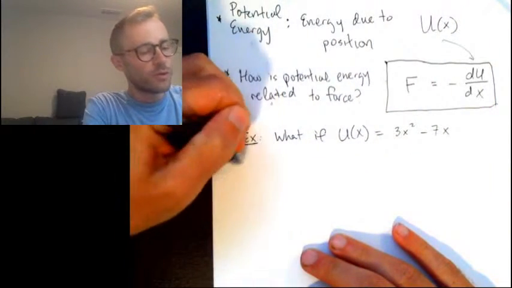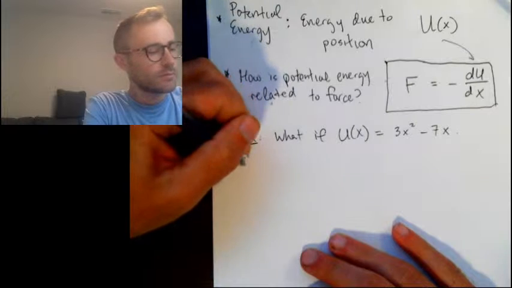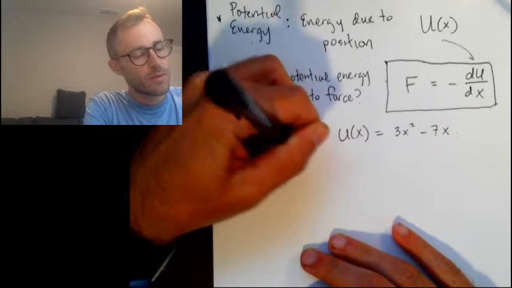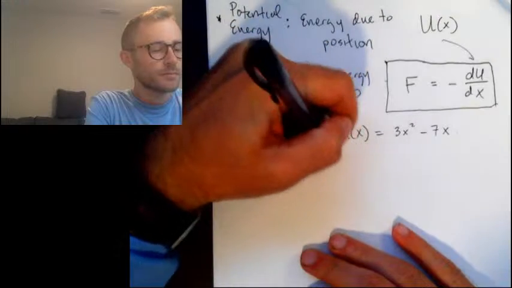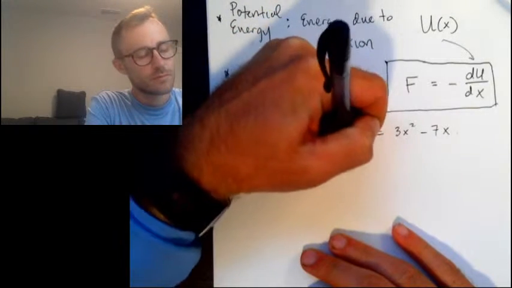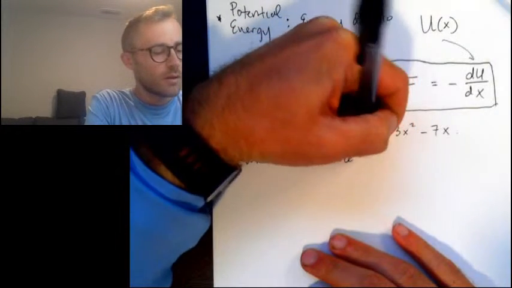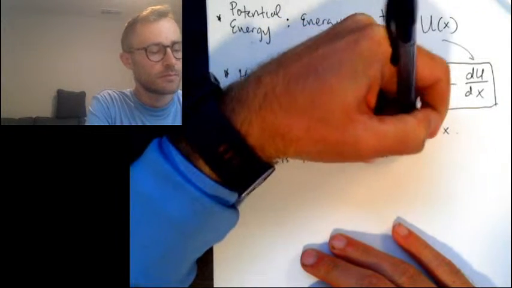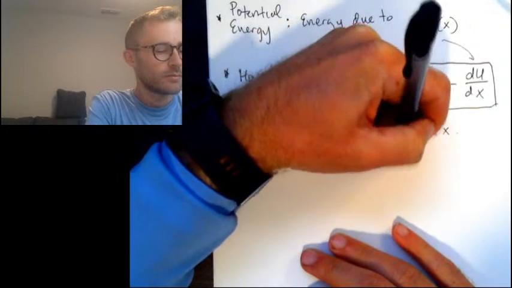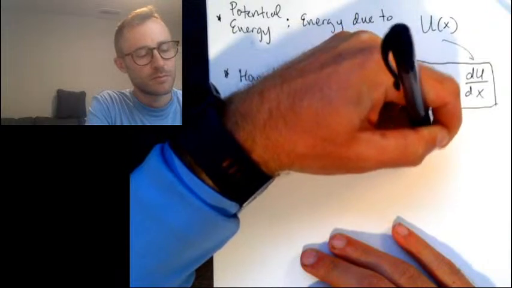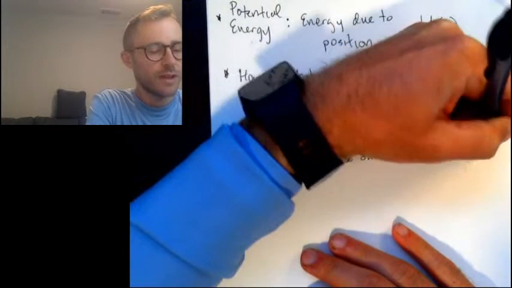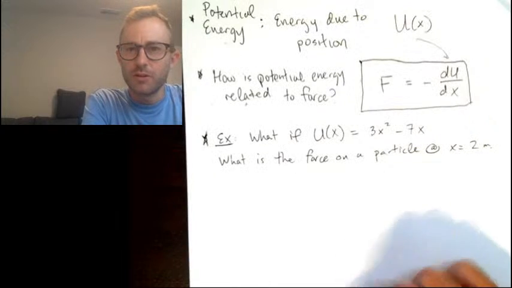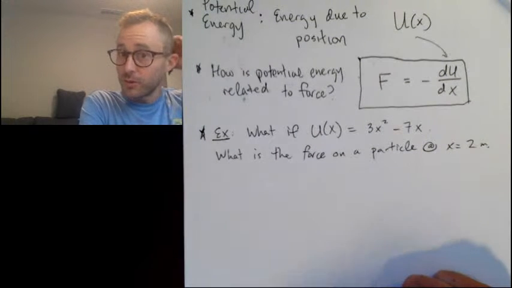What is the force on a particle at x equals 2 meters? So if the particle is located at x equals 2, what is the force on it?